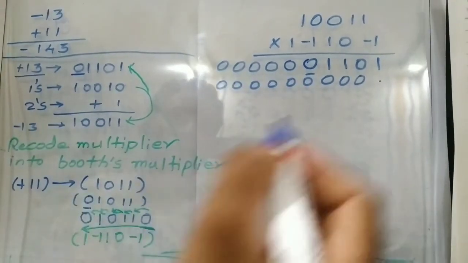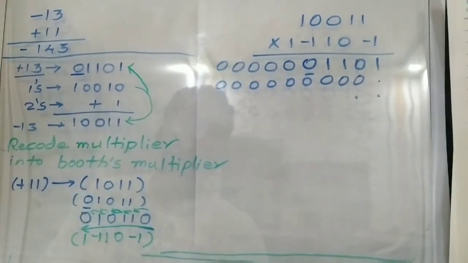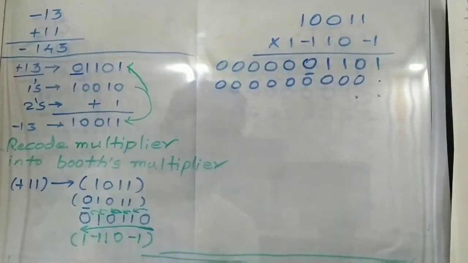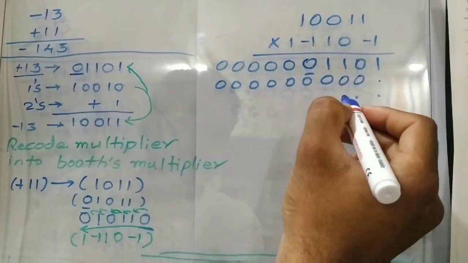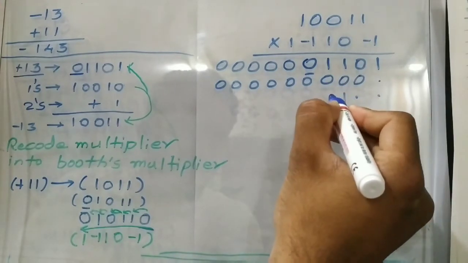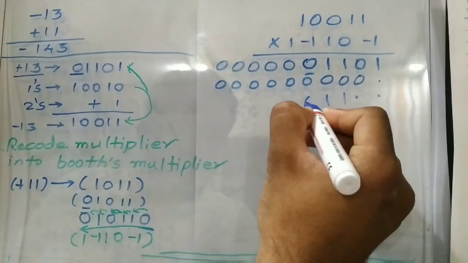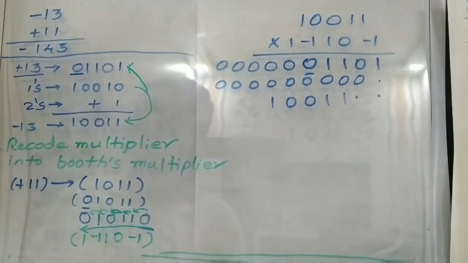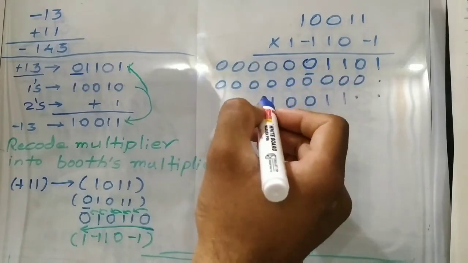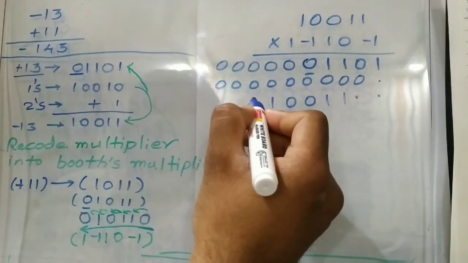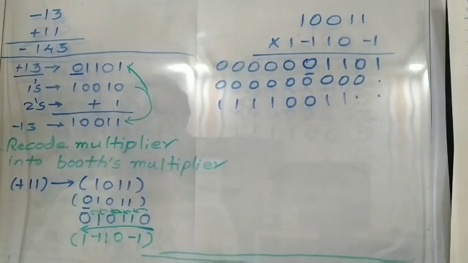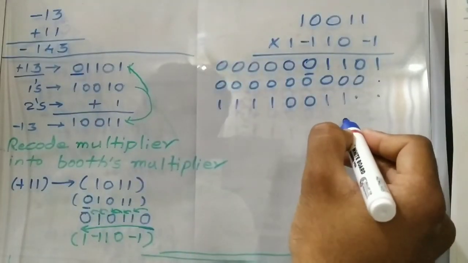Now you can multiply this number by 1, so that will be 11001. And again, don't forget sign extension, so we have to extend this MSB, which is 1, till the 2nth bit.